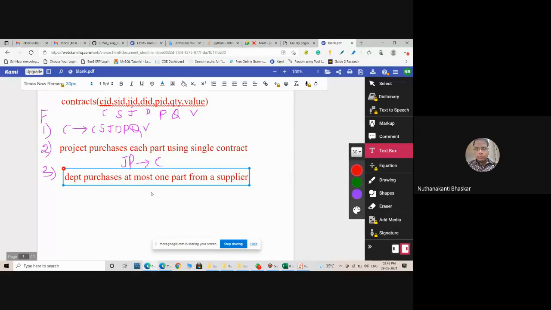Here the purchase is the purchase ID, PID, the part ID, always depending on the supplier and department, because every department is going to take something different. For example, the engineering department will take one thing; in construction, masonry people will take something; the maintenance people will purchase something; the electricity department will take something like that. So the part ID depends on supplier and department.